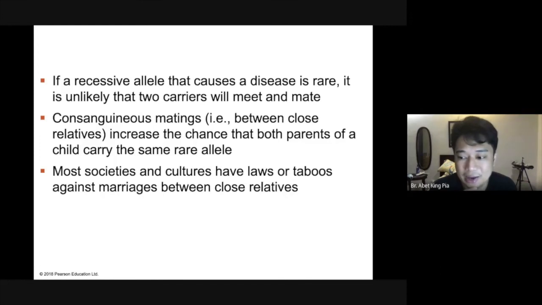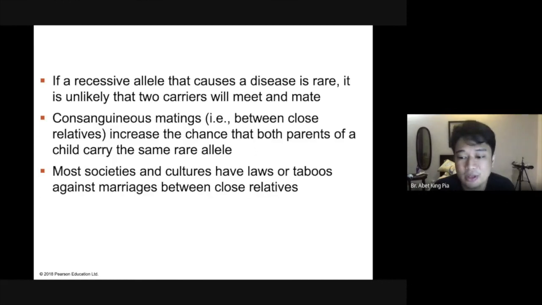But I would like to go to genetics when we discuss matters such as this. Well, one thing is, maraming diseases or a lot of diseases can be observed from children from consanguineous meetings. Okay?